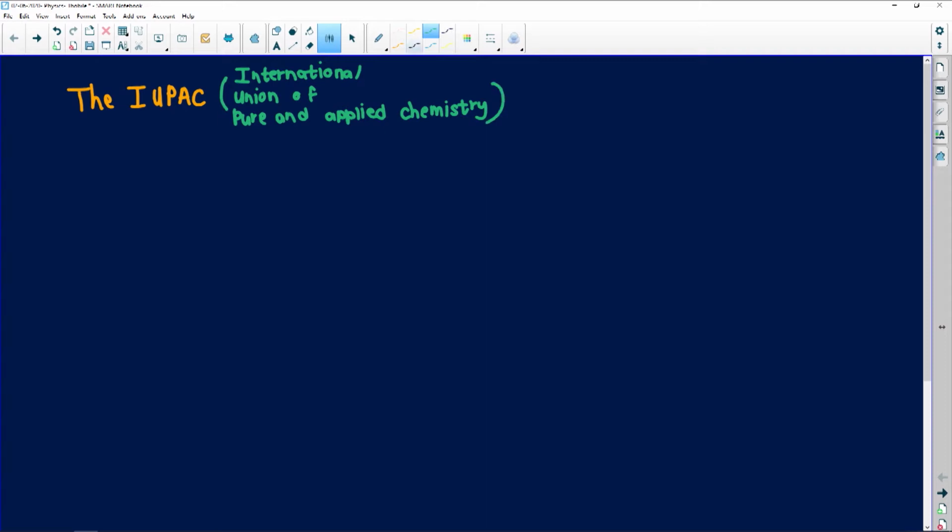Now, in an exam, the examiners can give you a molecular symbol and ask you to give the IUPAC name of this molecule, or they can give you the IUPAC name and then ask you to name it. Remember, chemistry is a universal language that we all use. If you go to a different country, they will use the same system to name organic molecules. It's not something scientists just woke up and thought about.